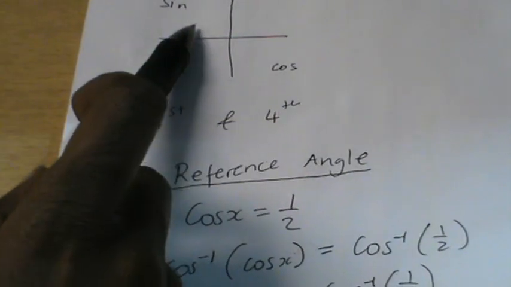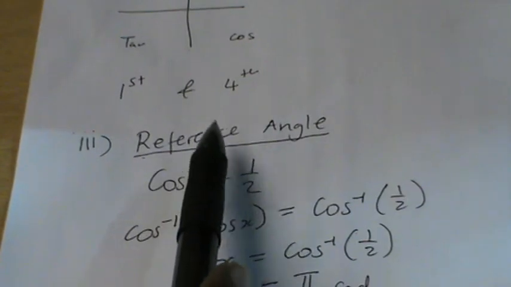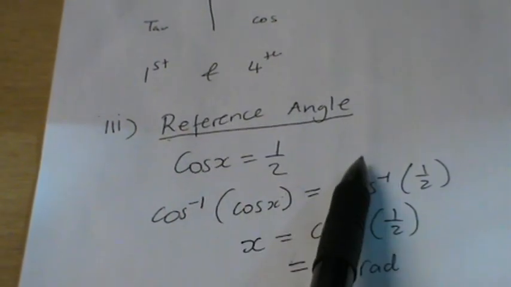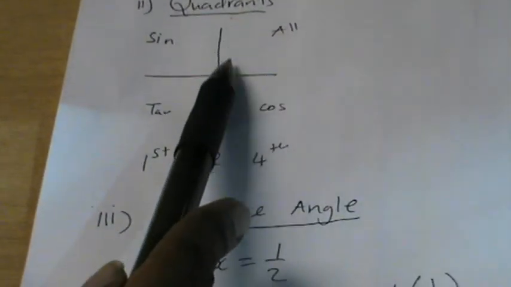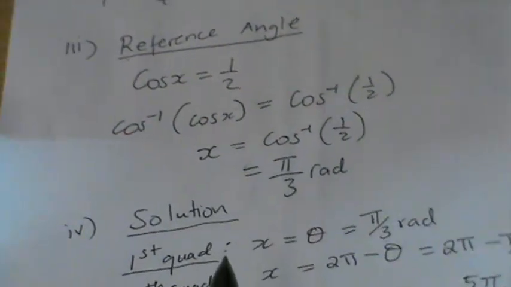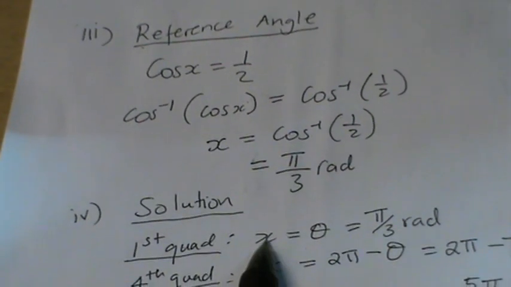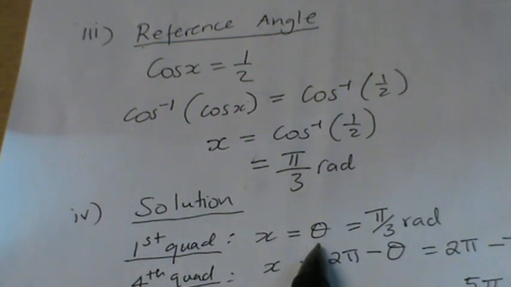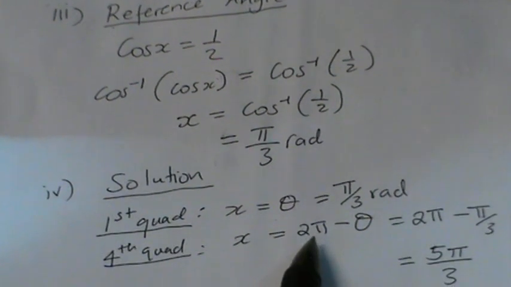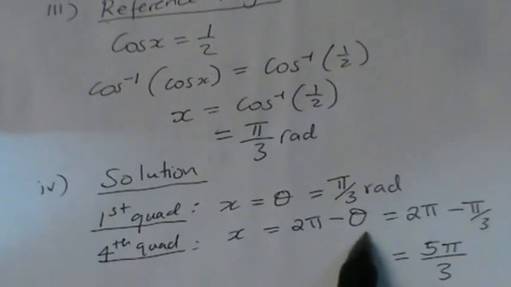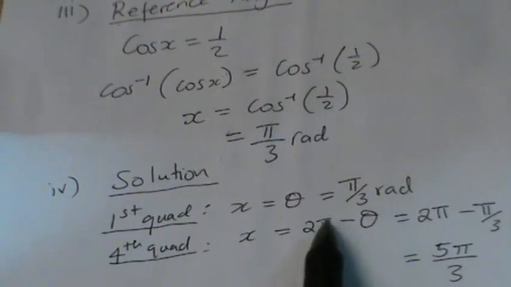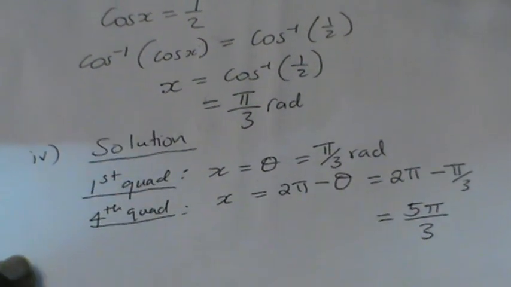And after I find my quadrants, I look for my reference angle, and then I combine the quadrants and the reference angle together. I say x should be in the first quadrant, and that just means x is equal to my reference angle. And because x is also in the fourth quadrant, the definition of an angle in the fourth quadrant is like this. Then I just substitute and work out my answer.